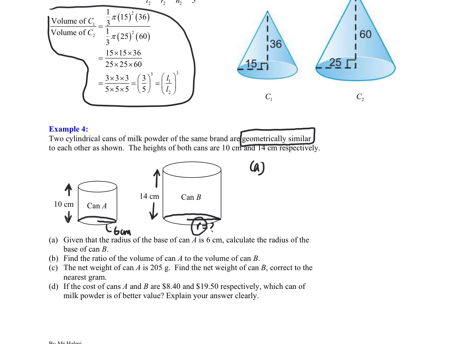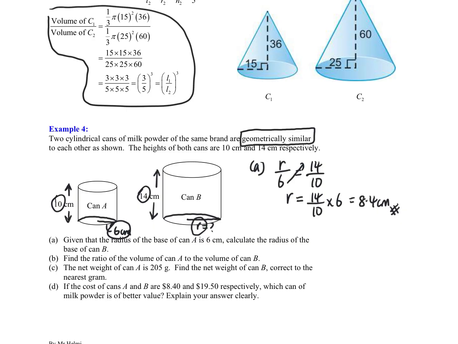So R is to 6 should be equal to 14 is to 10. So just cross multiply your 6. Okay, you will get 8.4 cm. So that's the first part. This one is the easiest one, just ratio, right?